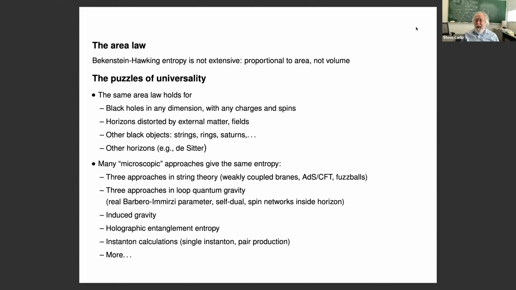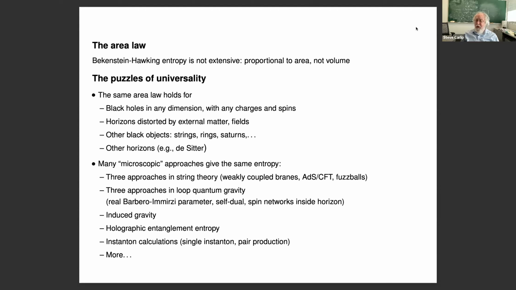And the peculiarity is that within their limitations, all of these programs give the same answer for black hole entropy. There are at least three approaches within string theory. There are three approaches in loop quantum gravity. You can look at induced gravity.